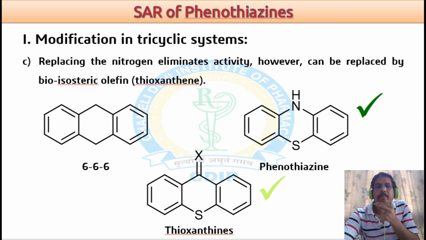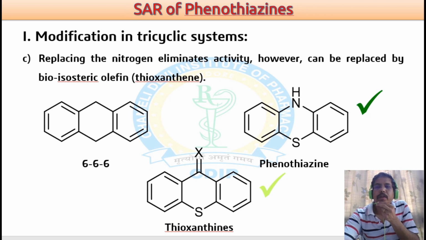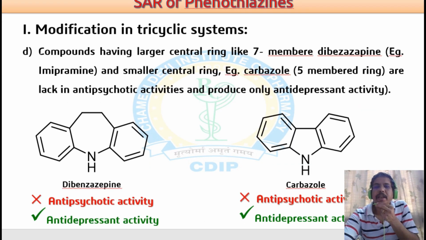Another modification which is possible is that the center 6-member ring can be converted into a smaller ring like 5-member ring, or a bigger ring like 7-member ring.